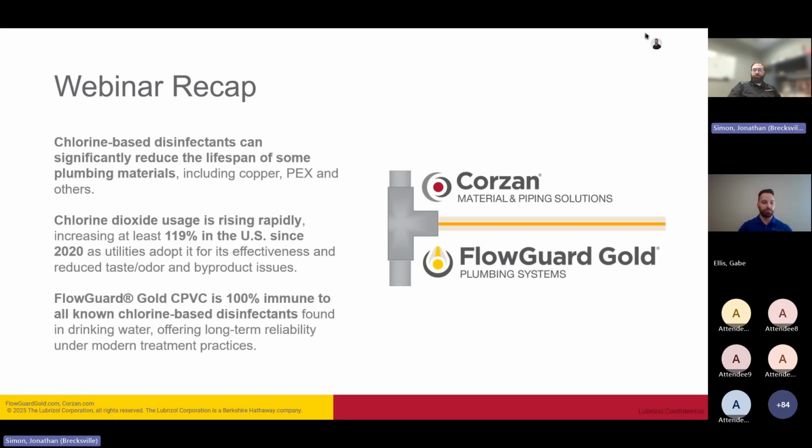In fact, when you have that combination of high temperature and high pressure, if you're over 140 and over 80 psi and the ORP is below 825 millivolts, you can still see accelerated degradation.